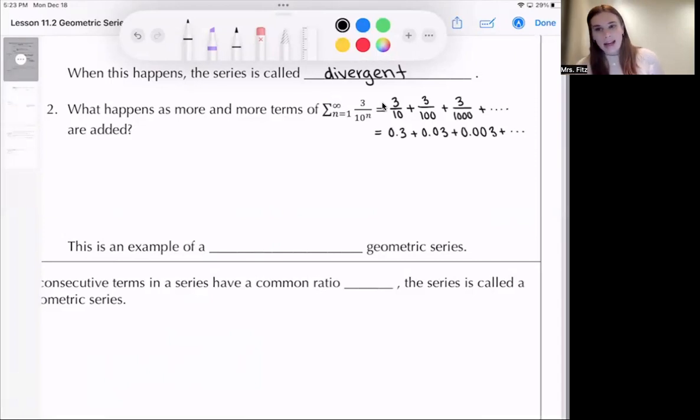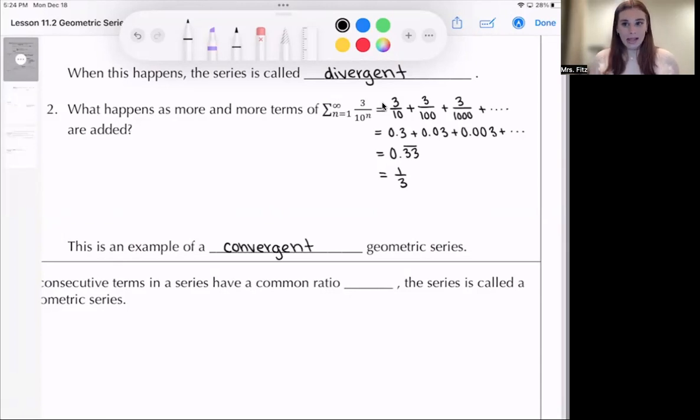It looks like this is actually 0.33 repeated. Well, what does the number 0.33 repeated equal? That equals 1/3. So it turns out this infinite series converges to 1/3. And so this is an example of a convergent geometric series.